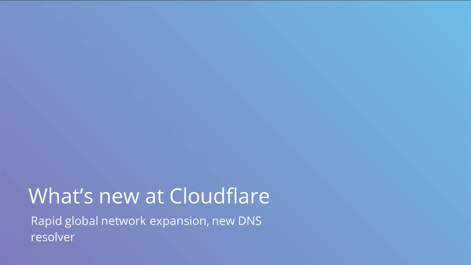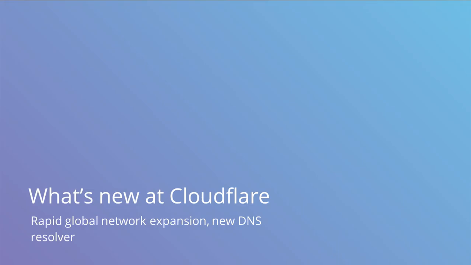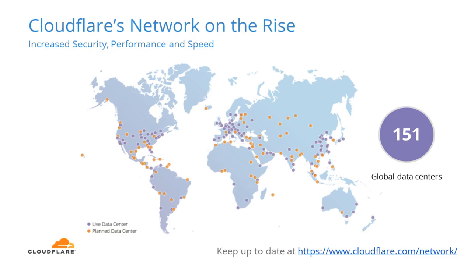So I'm just going to cover one more slide very quickly, which is the global network expansion piece. As you hopefully know, our network is very reliant on being a large, resilient Anycast network.